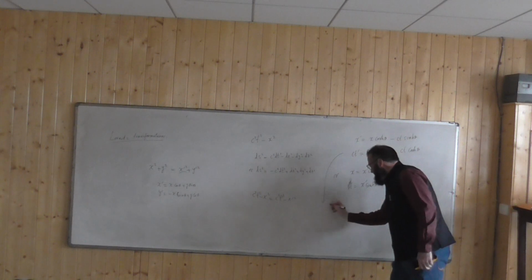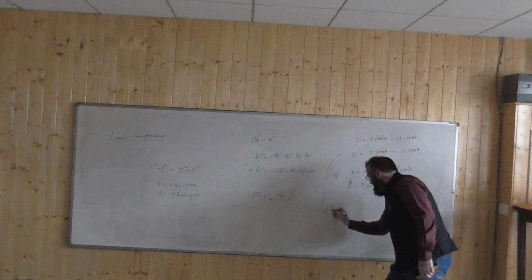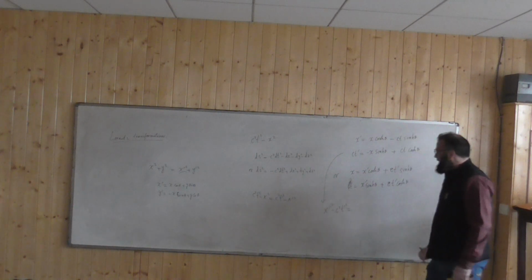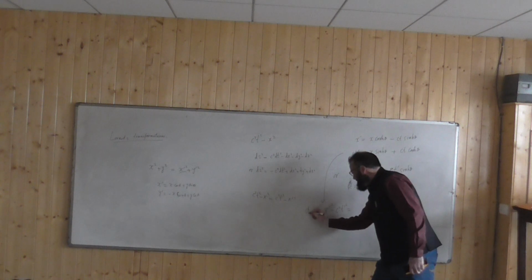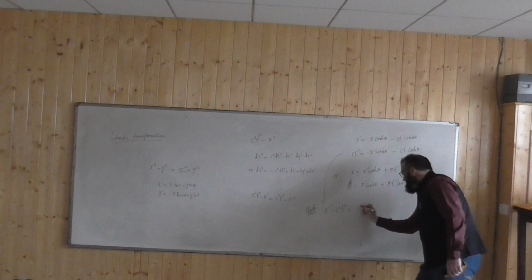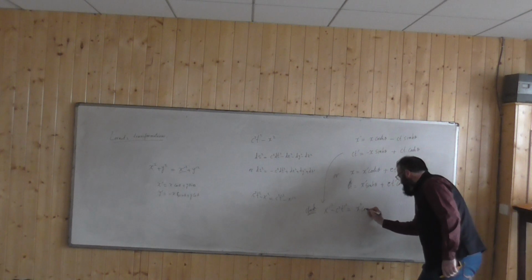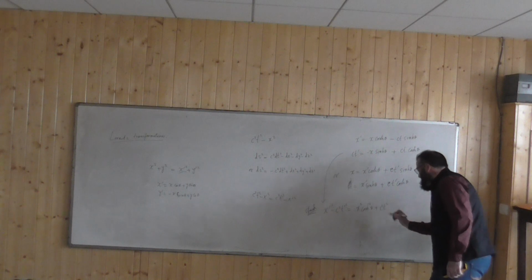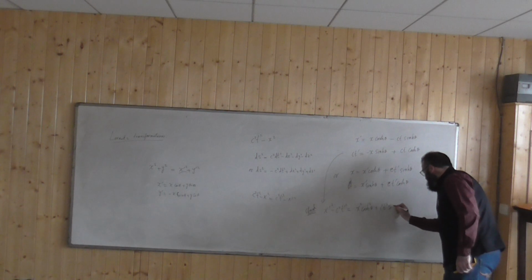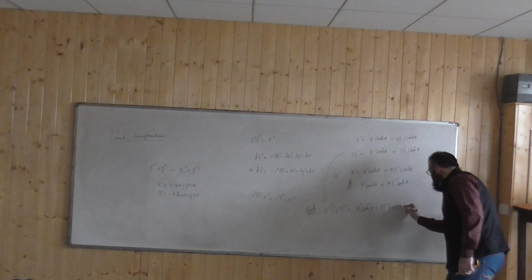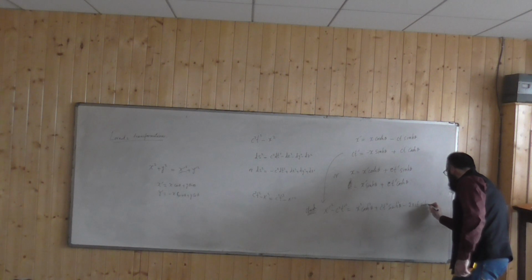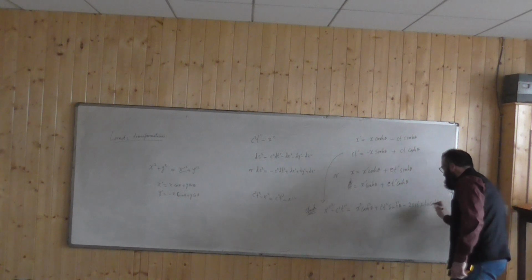Now you can check, let's use this thing. You can check x prime square minus c square t prime square. Let's check it. What is that equal to? So it will be x square cosine hyperbolic square theta plus c square t square sine hyperbolic square theta minus twice x ct sine hyperbolic theta cosine hyperbolic theta.